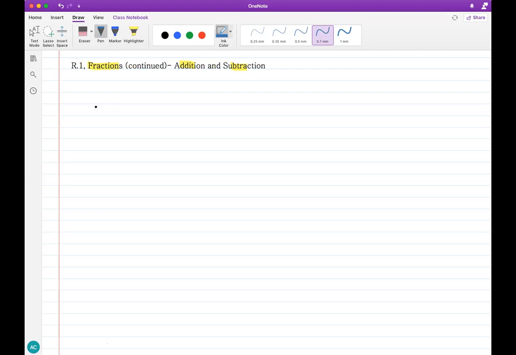So basically, when you add fractions, we need to have what we call the least common denominator, which we're going to be referring to as the LCD. Okay, so the least common denominator.